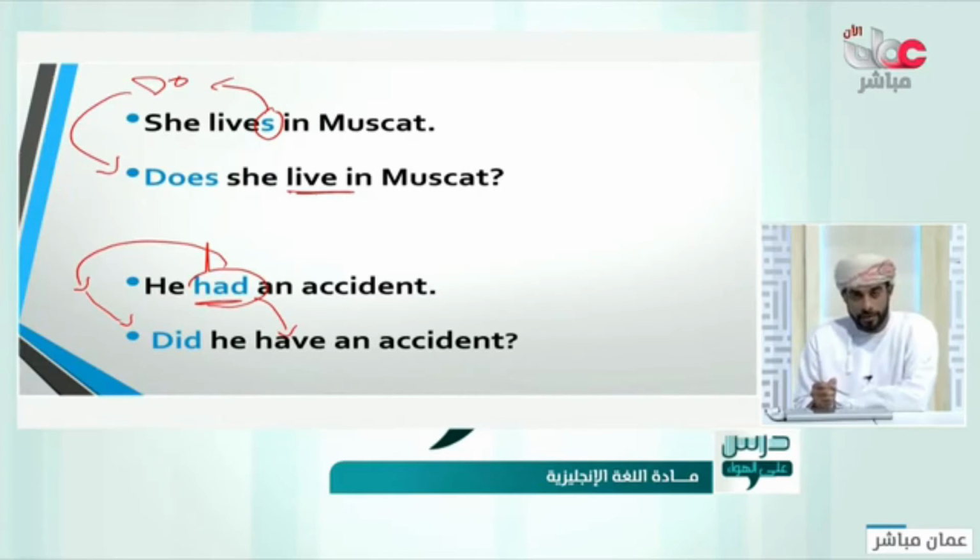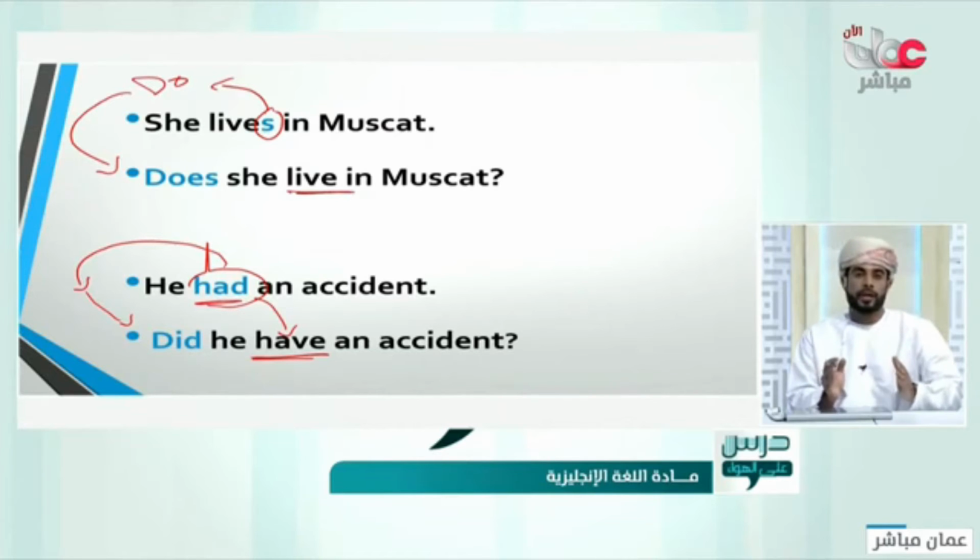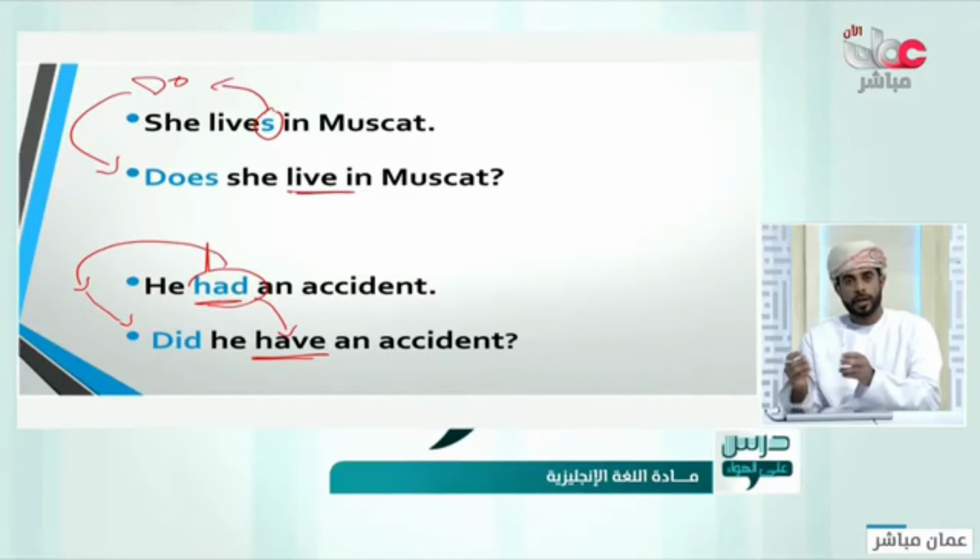Not did he had. No, did he have? Because did takes the time. And the other thing will be infinitive. Did he have an accident? This is how to form a yes or no question with those words that have separate words holding the time, or with verbs where the time is attached to it.